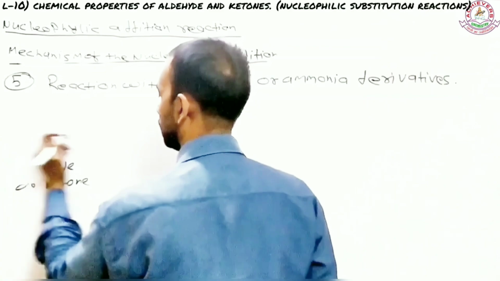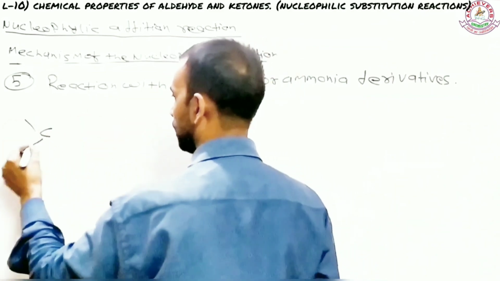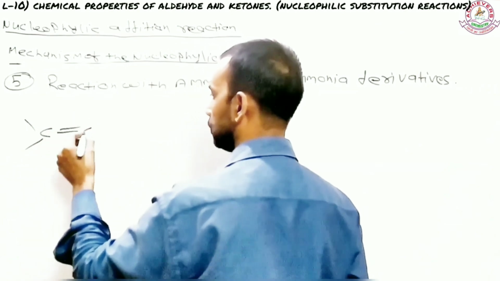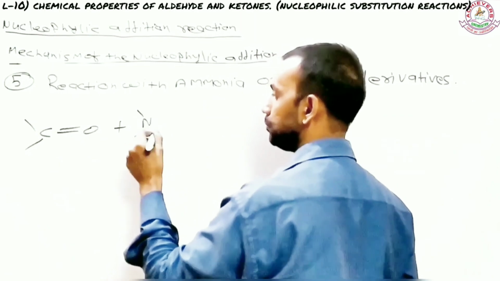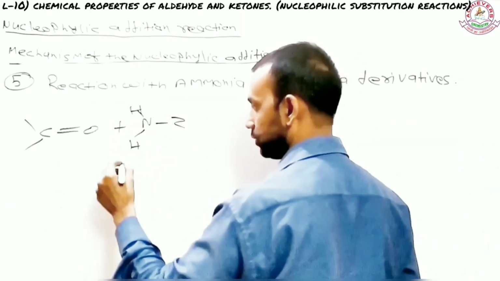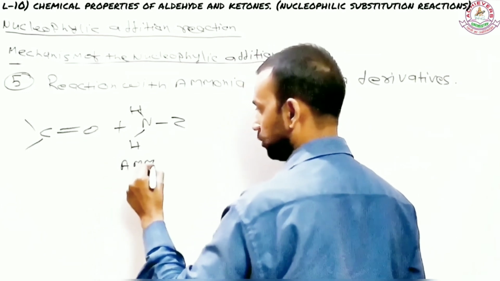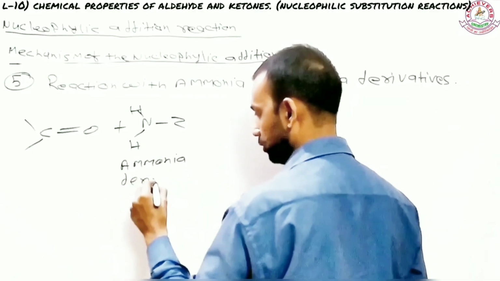So the next reaction is when an aldehyde or ketone reacts with ammonia. This is called ammonia derivatives.